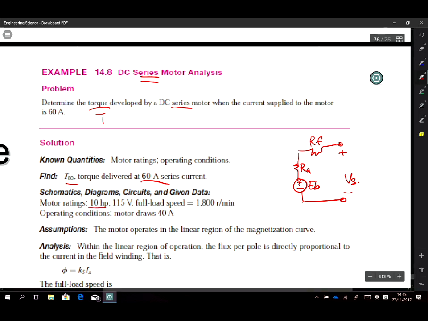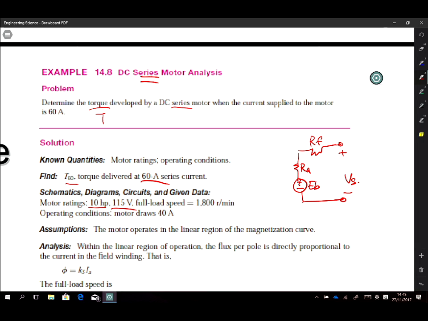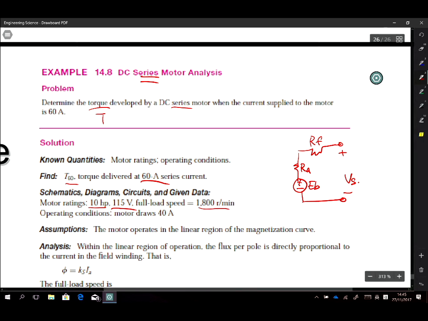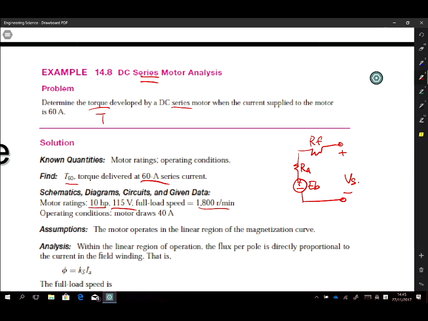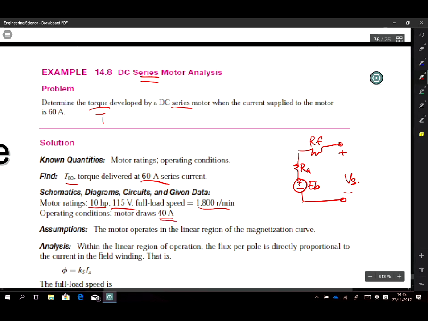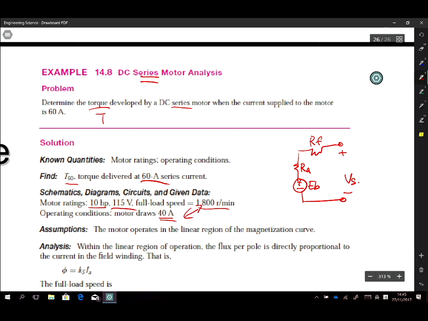It is 10 HP, 115 volt, full speed is 1800 rotation per minute, and the current equal to 40 amp. These two conditions are related, so that when you give 40 ampere to the motor, it can rotate at 1800 rotation per minute.